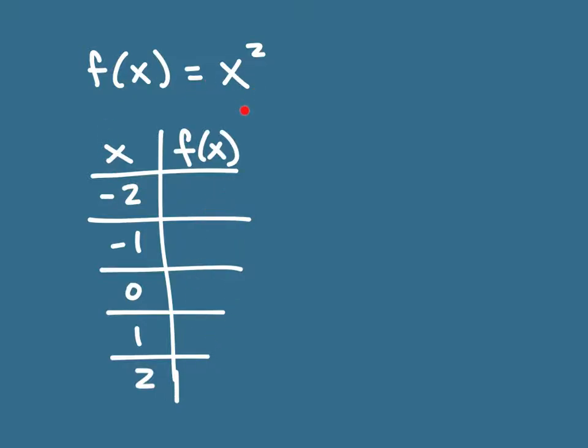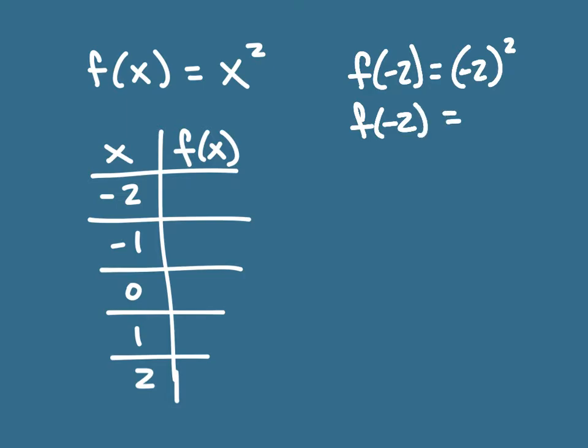So if I plug those in, let's just do f of -2 first. That means we're taking -2 and we're squaring it. So -2 times -2 gives us a value of +4. All right, so that's the y value when x is -2. The next one is f of -1.